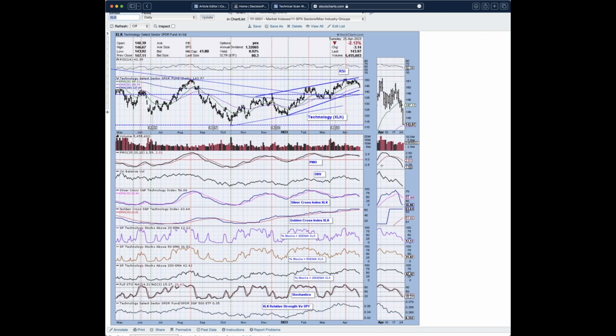We already had a PMO sell signal here on technology a long time ago, long before this decline. Notice back here at this market top, look what was happening to participation after that, just totally falling off. You already knew there were problems under the surface. When these percentages get this low, personally, I don't like to invest in stocks that are below their 20 or 50-day EMAs.